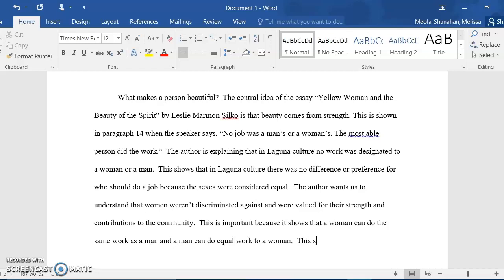This shows how the Laguna people saw differences in men and women as welcomed and beautiful.